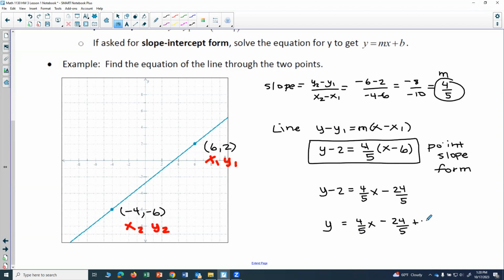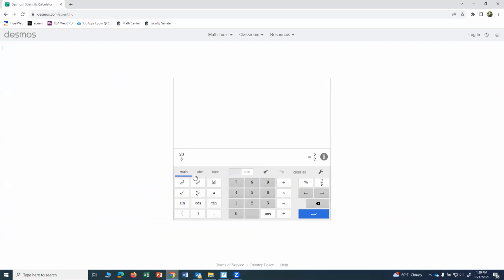plus 2. And I want to go ahead and do that. I can use the calculator. If you can do that by hand, then go ahead and do that by hand. Otherwise, you can pull up the calculator. I'm going to pull up the Desmos calculator, and I'll do negative 24/5.